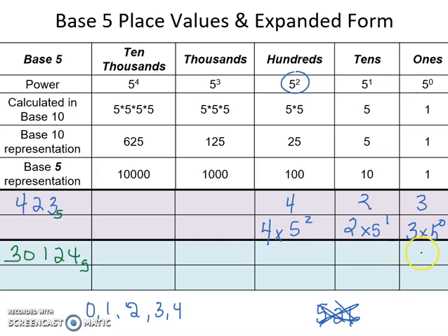So we're going to start by putting in our 4, and then our 2, and we just fill in each spot. Now that we're at the 10,000s column, we know we have 3 times 5 to the 4th, 0 times 5 cubed, 1 times 5 squared, 2 times 5 to the first, and 4 times 5 to the 0.